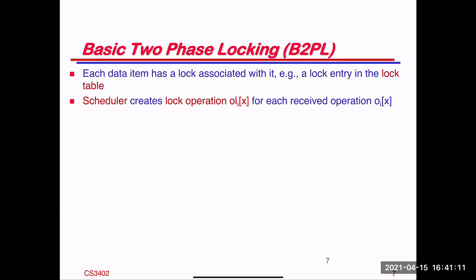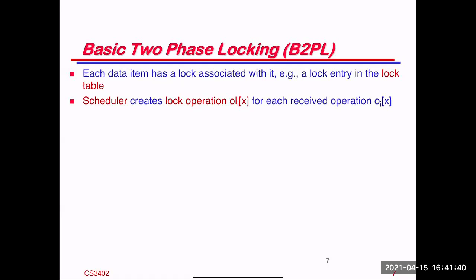We assume that each data item has a lock associated with it. You can think of it as having a lock entry in some lock table. I'll talk more about how we can implement such a lock table later on. Basically, when you have a schedule of some operations, some reads and writes, your scheduler will automatically create corresponding lock operations for each of the operations in your schedule.